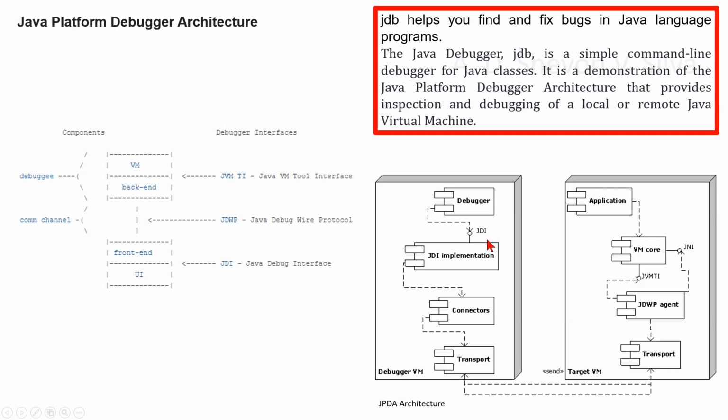JDI connectors and transports, an auxiliary API for attaching to a target JVM in different ways using different transport channels from the debugger side.